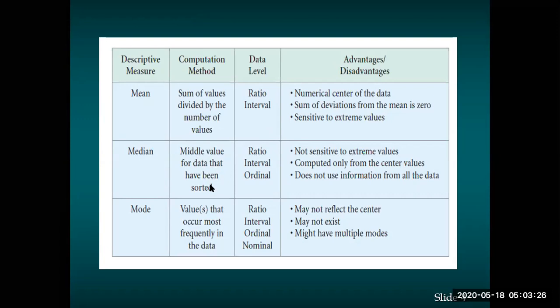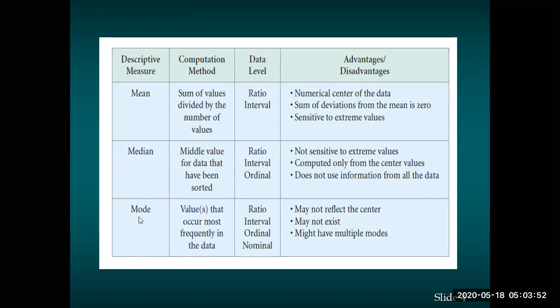It is the middle value. So arrange the data in increasing order and identify the middle value, and that is your median. That's not sensitive to extreme values. But at the same time, it is not using all information. It does not use information from all the data. Just taking the middle value, and that's it.